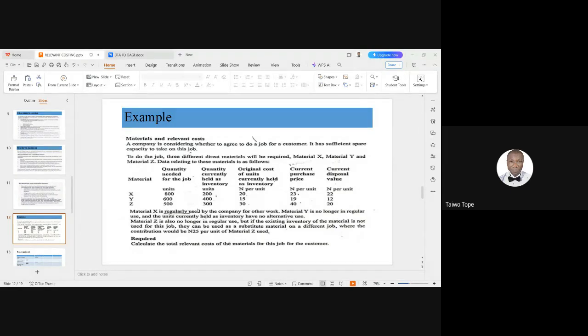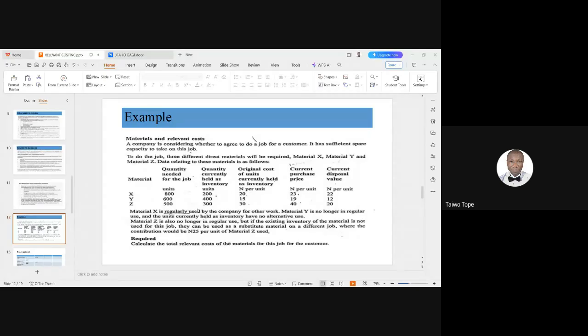It means we need to exhaust what we have in stock. And since it has no alternative use, at what value will you value what you have in stock? Because if you don't use it, you either dispose of it. So at what rate will you value the 400 you have in stock?